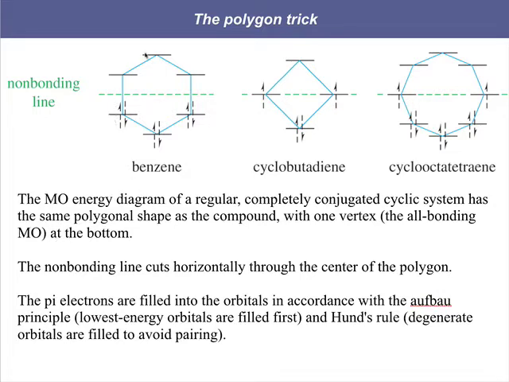So you'll notice that the shape of this diagram looks like benzene. The shape of this diagram looks like cyclobutadiene. And the shape of this diagram looks like cyclooctatetraene, the 8 carbon ring. And the non-bonding line cuts directly through the horizontal center of the polygon.